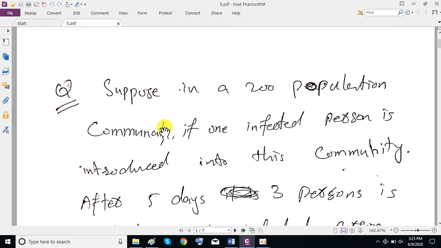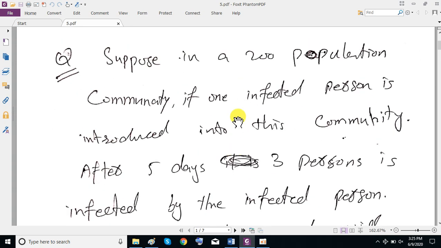First of all, I repeat this problem again: we have a small town or a small village whose population is 200 people, and one infected person enters this community from abroad or from outside the town, infected by some flu virus, or maybe nowadays coronavirus.